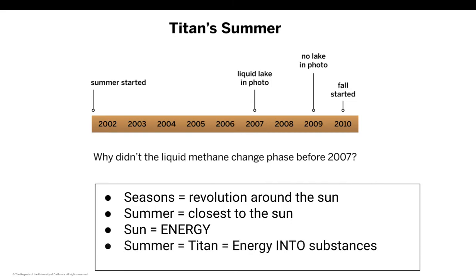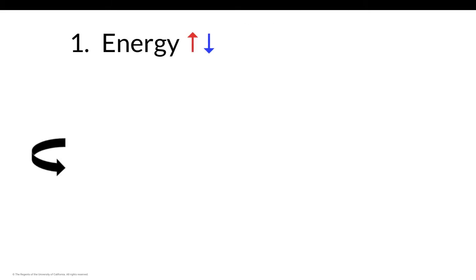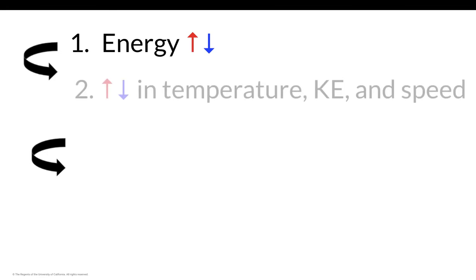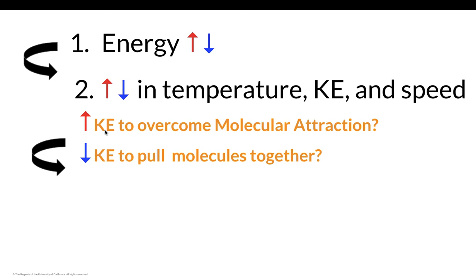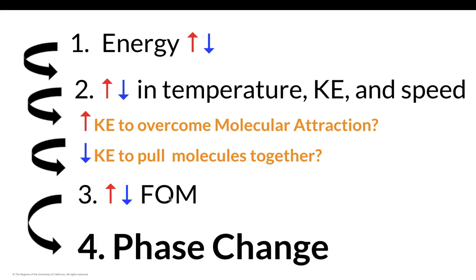And so therefore, summers on Titan, we know energy is going into the substances. Now, remember, if we have energy going into the molecules, then there will be an increase in temperature, kinetic energy, and speed. And an increase in kinetic energy will overcome molecular attraction, which means that there will be an increase in freedom of movement and a phase change.